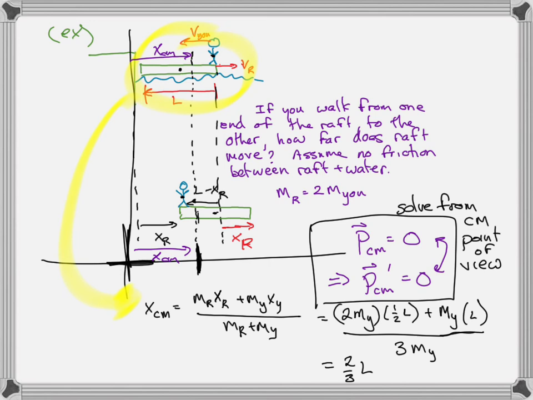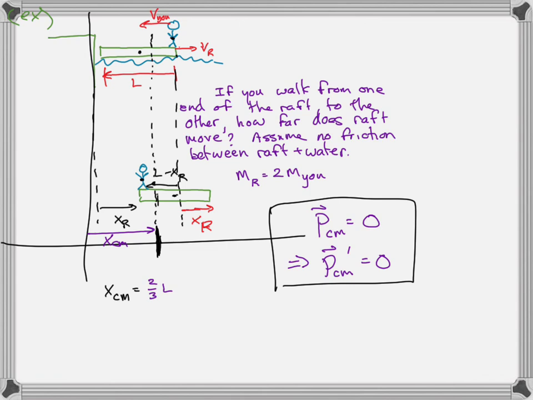So let me go to another page. The center of mass is 2/3 L, so after it moves, x center of mass prime is still 2/3 L. And that is m raft times x raft after it moves, plus mu times xu after you move, divided by m raft plus mu. And so m raft is 2 mu.